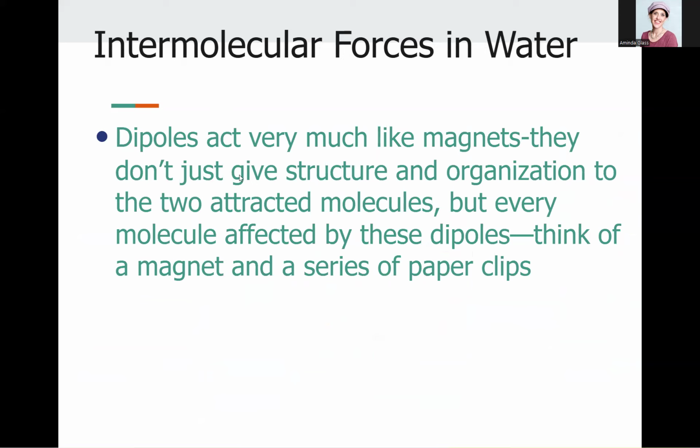We talked about polarity and bonding, and we know that the dipoles, so here we have water, and you have your negative dipole and your positive dipole. They act like magnets. It's not just for structure and organization of the molecules; every molecule is affected by these dipoles in water.